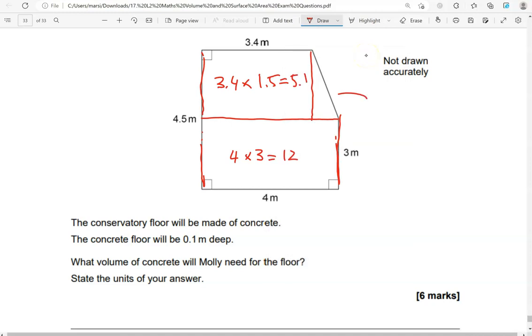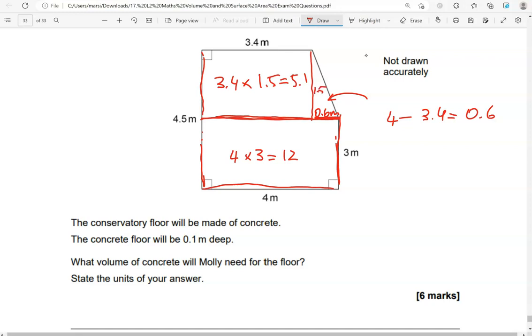And now we need to work out the area of the triangle. The base is equal to 4 take away this length here, which is 3.4. So that is 0.6 meters, and the height we worked out earlier, so that was 1.5.